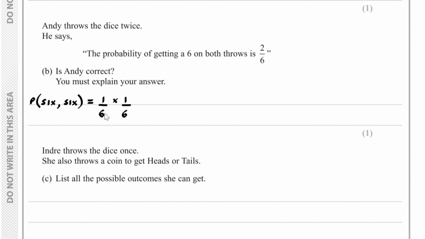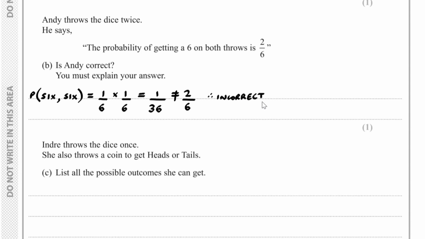And if I multiply them, because I select a 6, and then I select another 6, it turns out we get 1 over 36, and that does not equal the 2 over 6 which Andy says, and therefore Andy is incorrect.